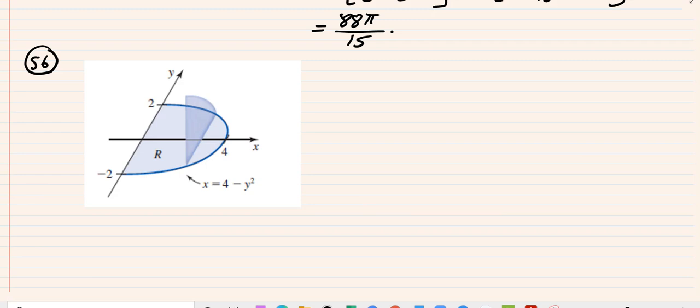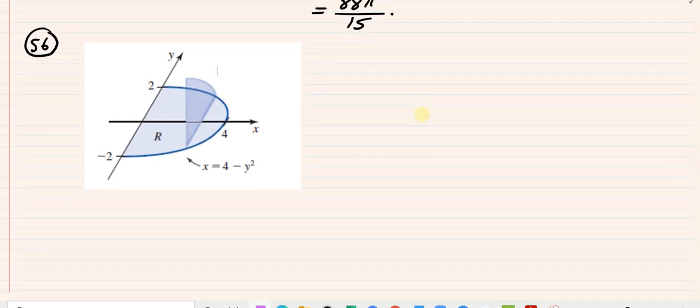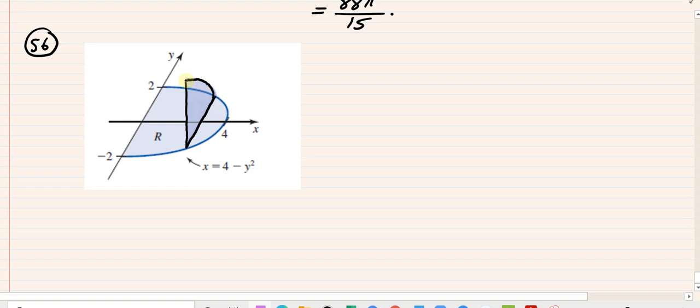Okay, in exercise number 56, here I copied it, so we want to see what the volume of this solid is going to be. Just to make sure I understand it, this would be the radius of that quarter circle, and this is what the cross section is going to look like.